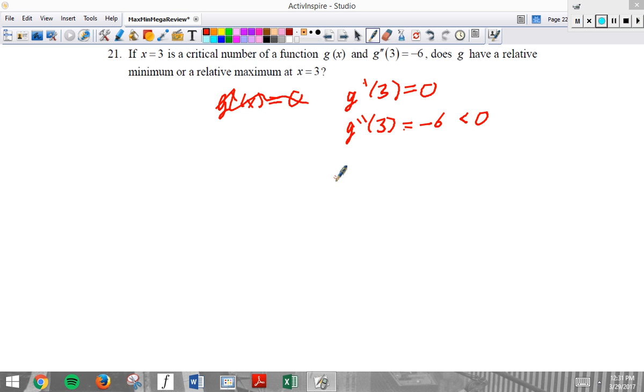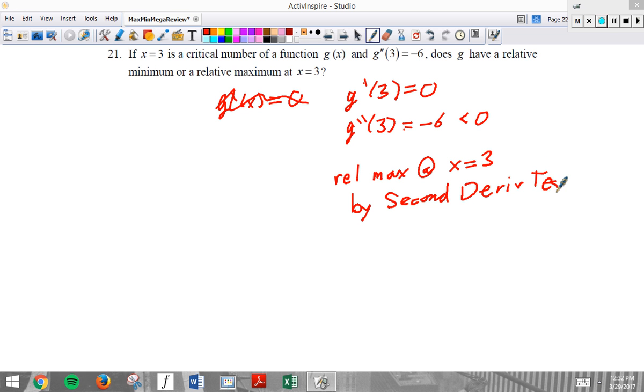So relative max at x equals 3 by the second derivative test. That's it.